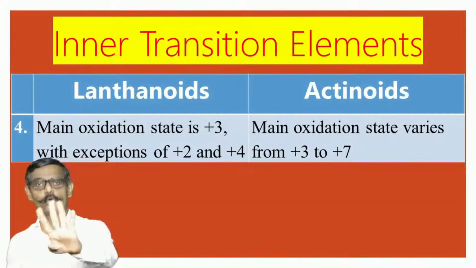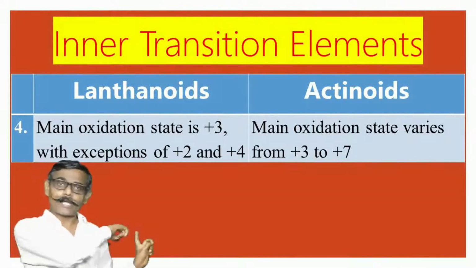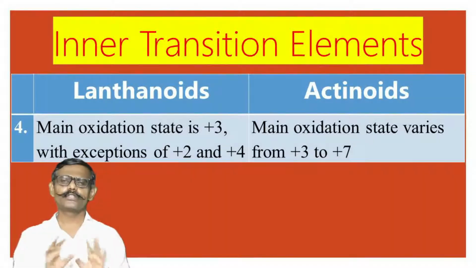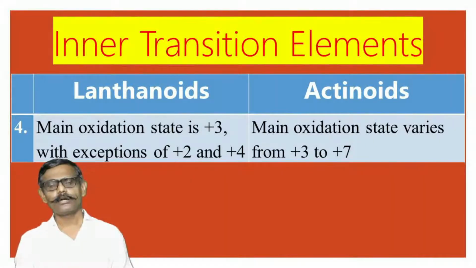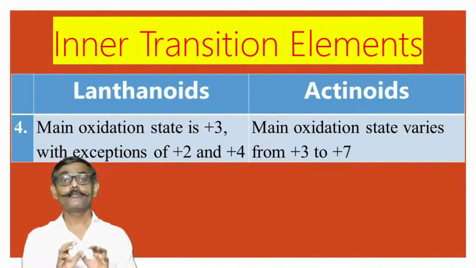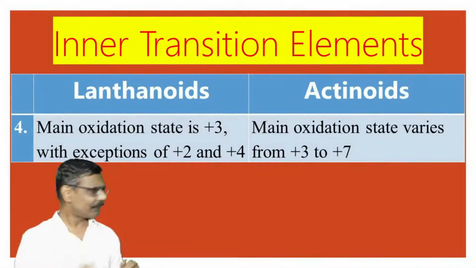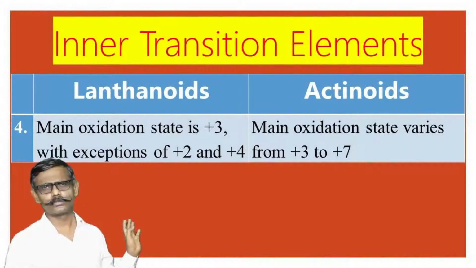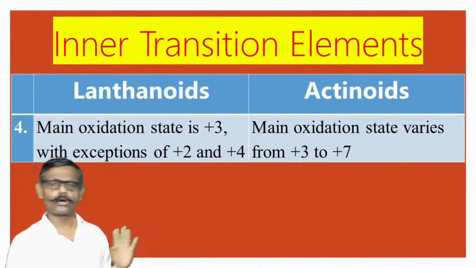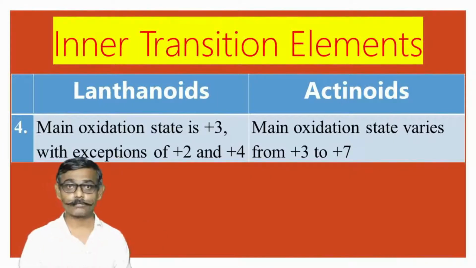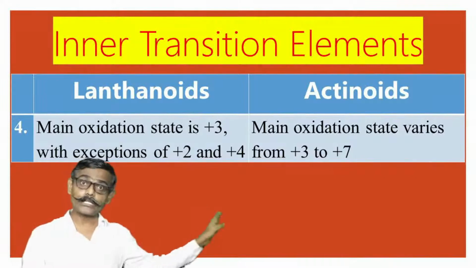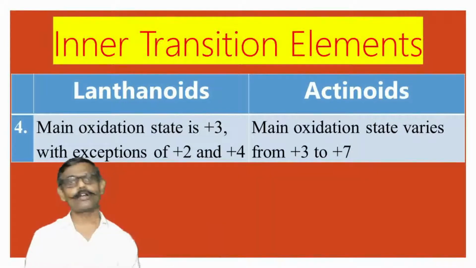Point number 4: in lanthanoids, the general stable oxidation state is +3, but there are exceptions; +2 and +4 oxidation states are also stable. In actinoids, such generality is not there.